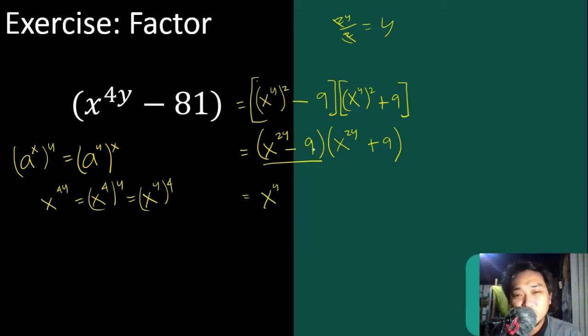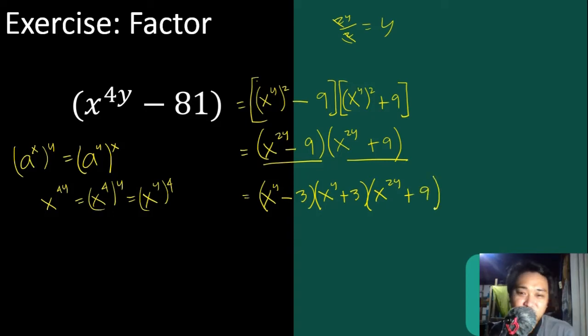What will be the square root of 9? The square root of 9 is 3. And don't forget, make a partner yan kasi we're using the difference of two squares. If we have x raised to y minus 3, we also have x raised to y plus 3 times, wag natin tong kalimutan, hindi na siya factorable kasi plus na yung gitna, that is x raised to 2y plus 9.